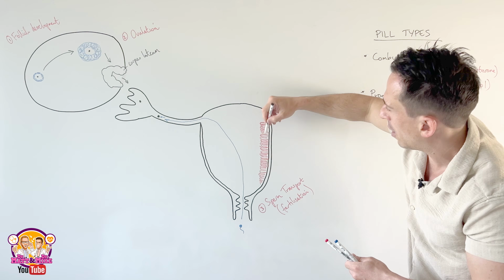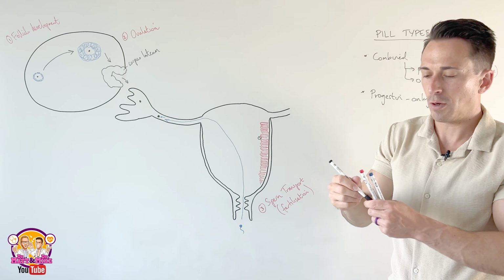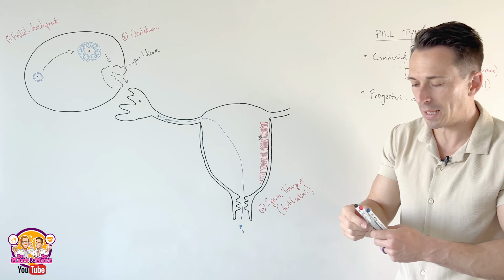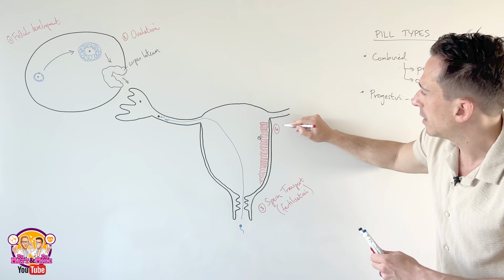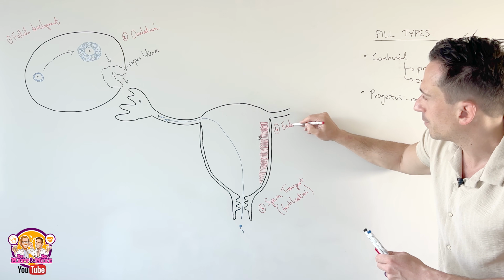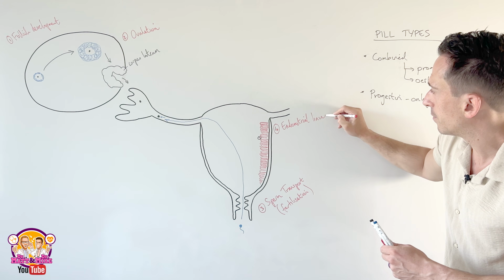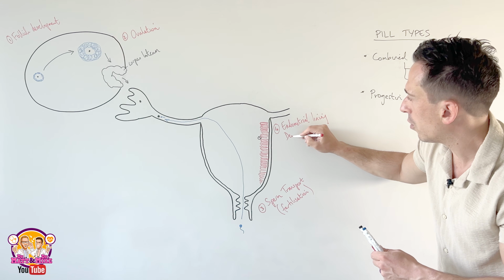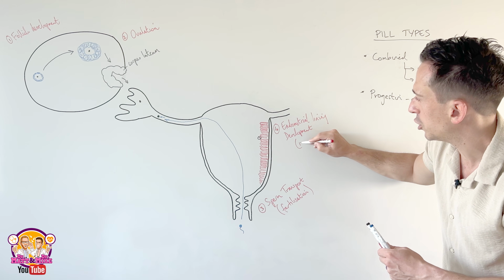And now we can have a developing or fertilized oocyte implant into that wall. So the fourth thing that needs to happen is we need endometrial lining development. And the whole point of that is for implantation.